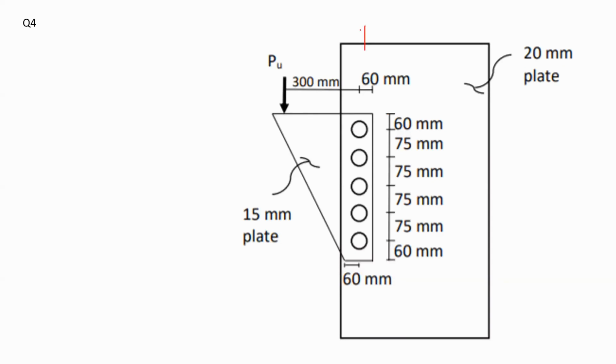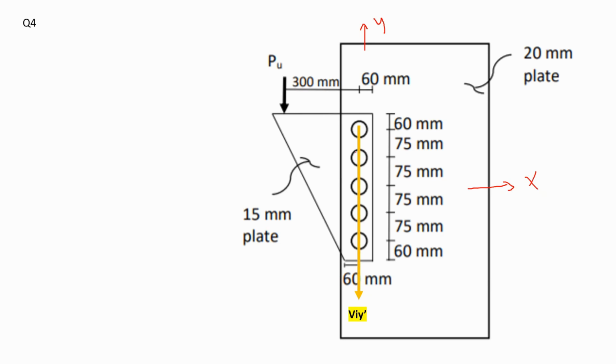So if you say that this is your Y direction, and here you have your X direction axis, here you have a shear force that is distributed over all the bolts. So I denote it with VIY dash. That dash means that the shear force is directly coming from PU.